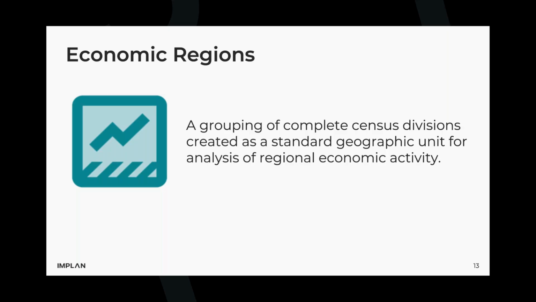So if you've ever tried to collect localized data or put together your own very granular data set, you know just how valuable it is to have this area that's already determined, already mapped out, and putting all of these together in a unit that's set up specifically for economic analysis.